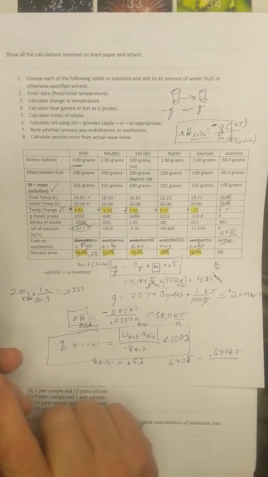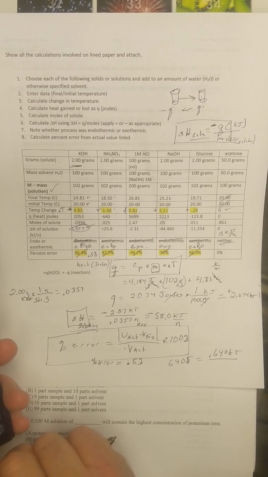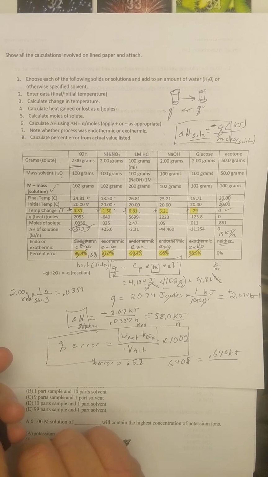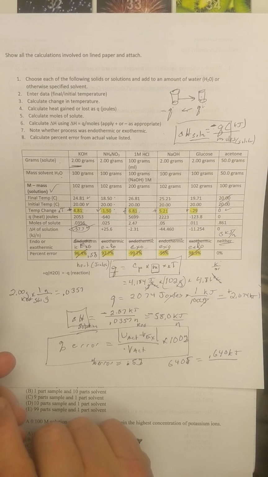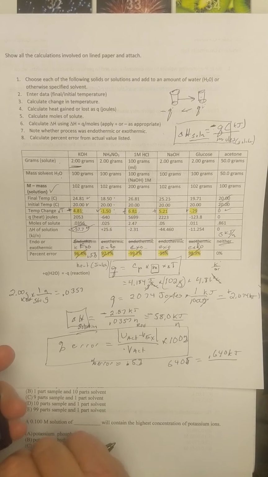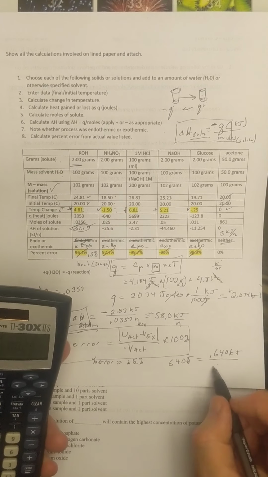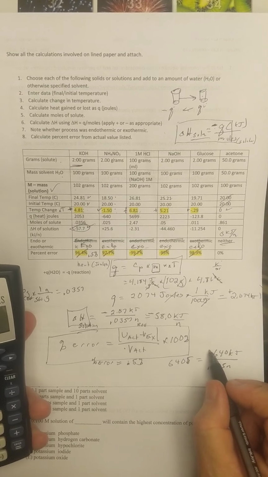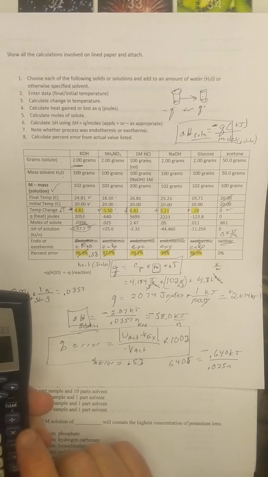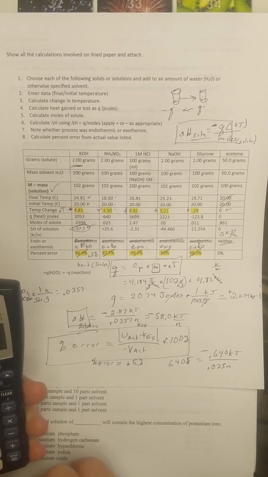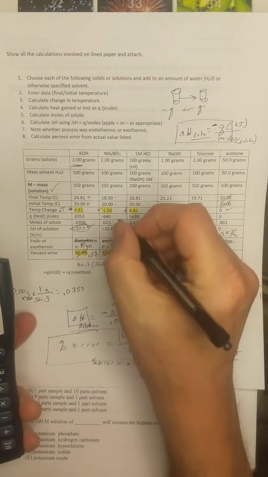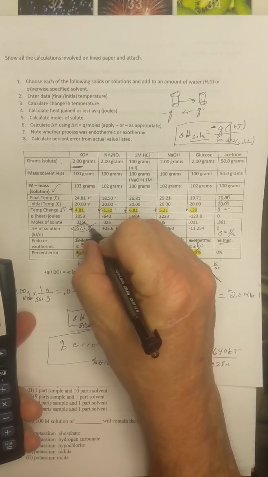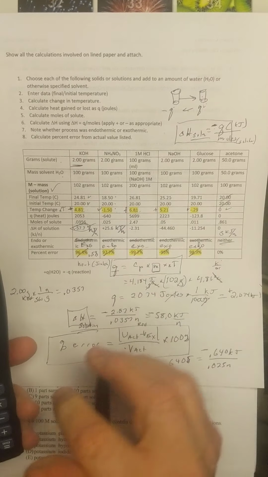Now NH4NO3: 28 for 2 nitrogens plus 4 plus 48 for oxygen, that's 80. So 2 divided by 80, I'm dividing this by 0.025 moles. It's going to be exothermic, so it's going to be negative. I'm getting 25.6 for this one, and the unit is kJ per mole. So that one checks out.